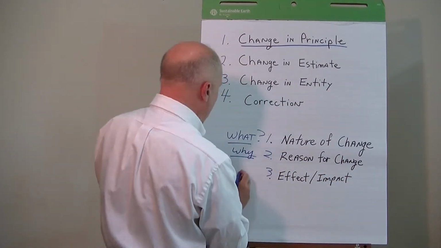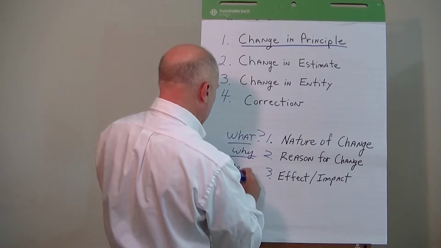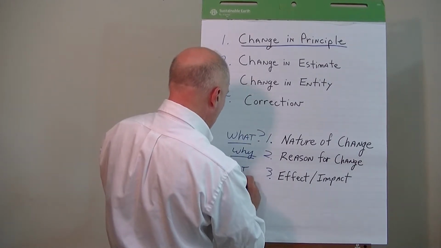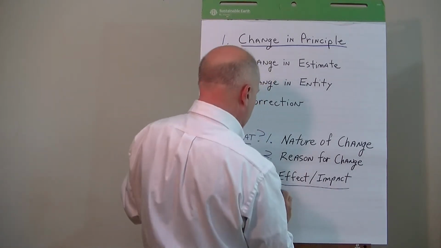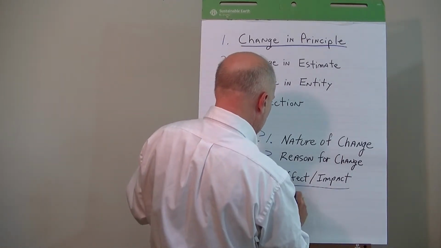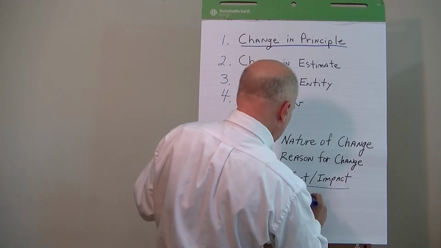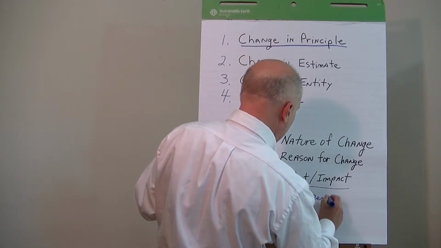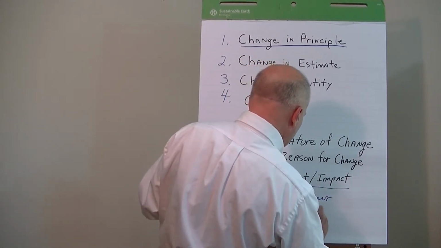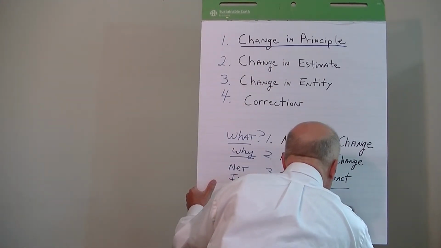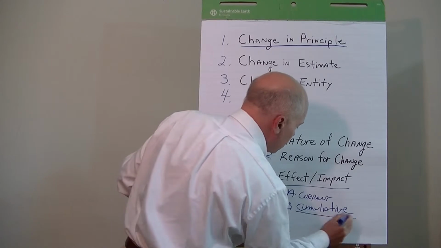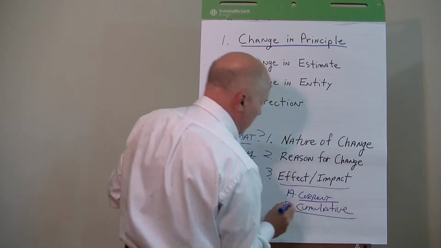And then the bottom line is, what's the impact on net income? What's the impact in the current year? So you want to assess the current year's impact, and you also want to look at the cumulative impact.